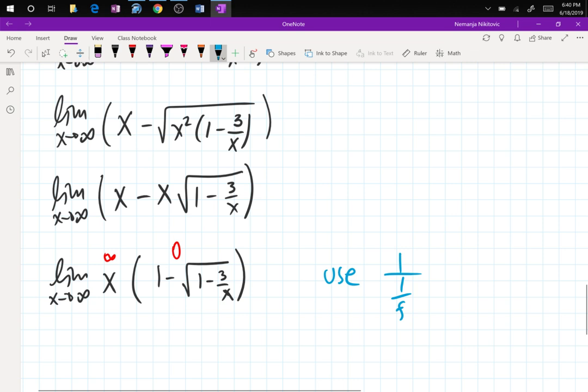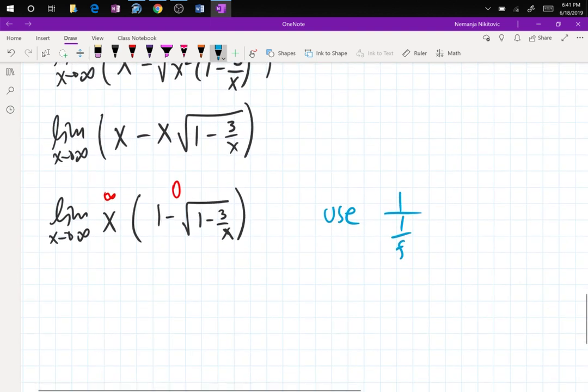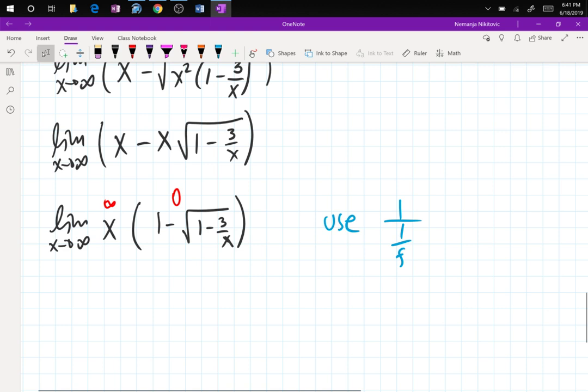You have negative 3 over infinity? That's a 0. Right, of course. So 1 minus 1 is 0. Square root of 1 is 1, and then 1 minus 1. I see.